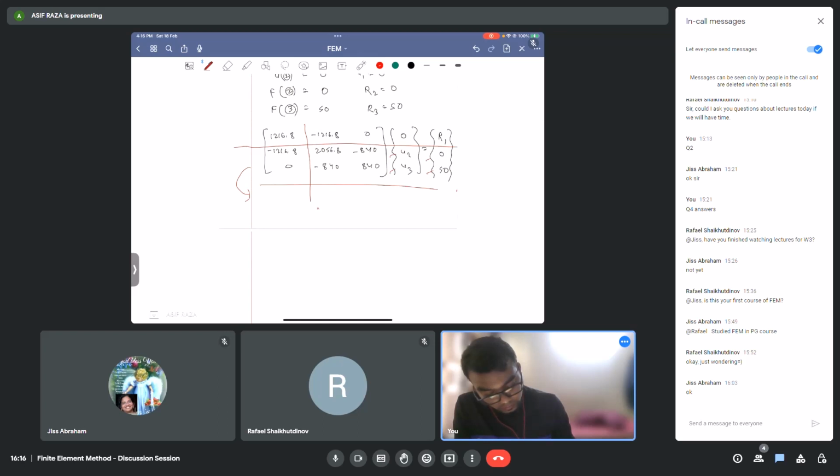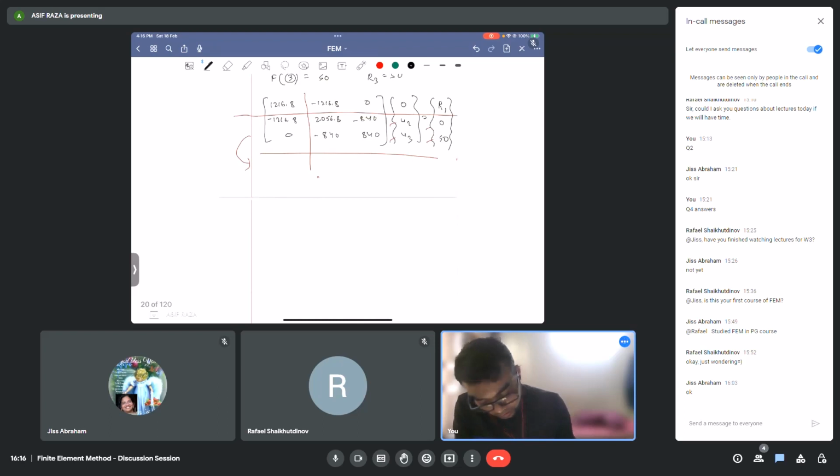So we'll just take the second equation and third equation. If we take the second equation, we'll have 1216.8 times 0 plus 2056.8 u2 minus 840 u3 is equal to 0, and 0 times u1 minus 840 u2 plus 840 u3 is equal to 50.